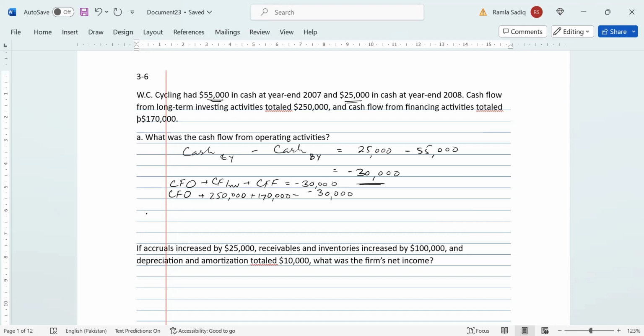All right, now we want to take these two numbers to the other side. They're positives here, so they'll become negatives on the other side. Total, this is a negative 170,000. My apologies, there's a problem with that sign.